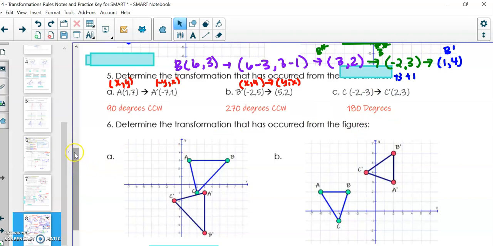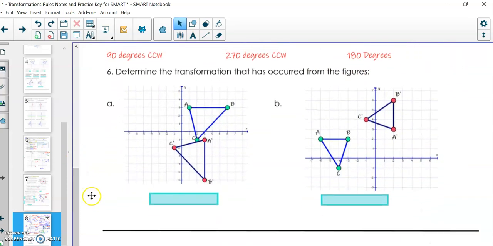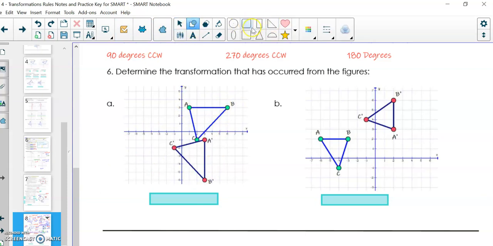Let's take a look at A and B and see if we can determine what transformation occurred. Okay, so this one, let me draw a circle in here. I'm going to draw a circle that goes through A and A prime.